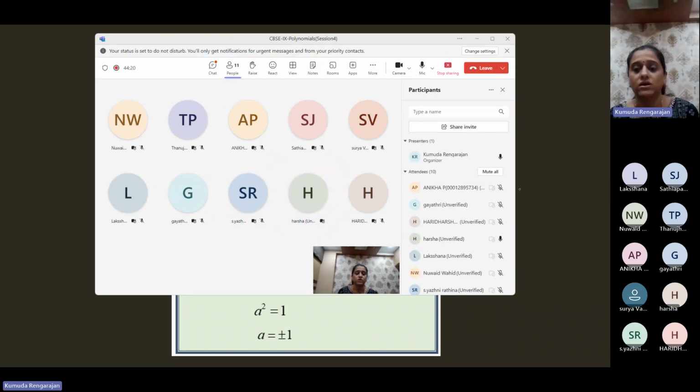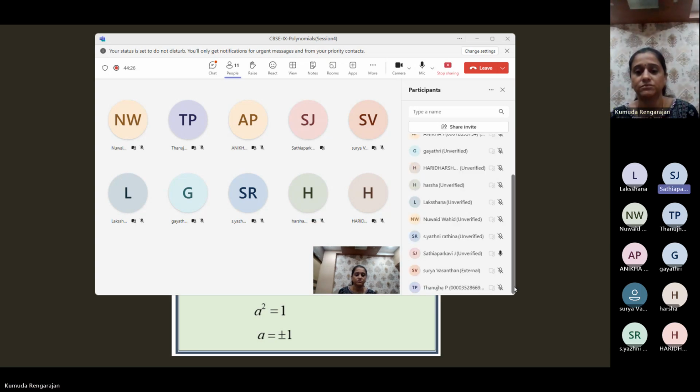Okay, so I can see Anika, Gayatri, Haridarshan, Harsha, Lakshana, Nuved, Yarni. So Tanuja and Satya Parkavi should help me identify you both. And Surya is there.